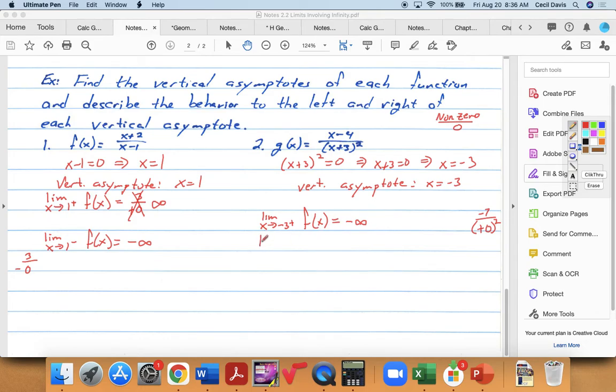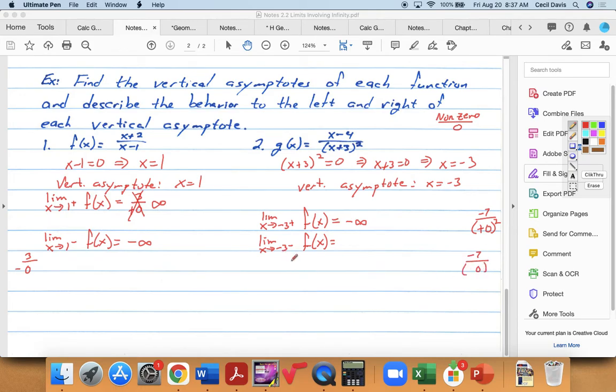On the other hand, what about the limit as x goes to negative 3 from the left? So now I've still got something that's near 0.